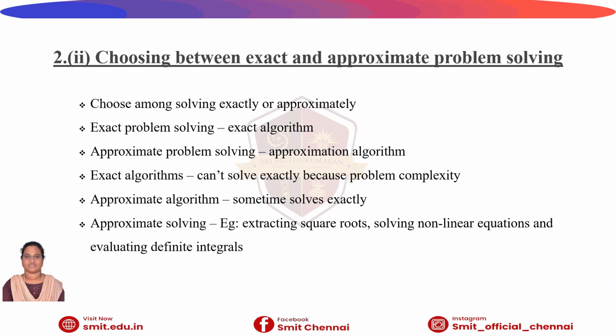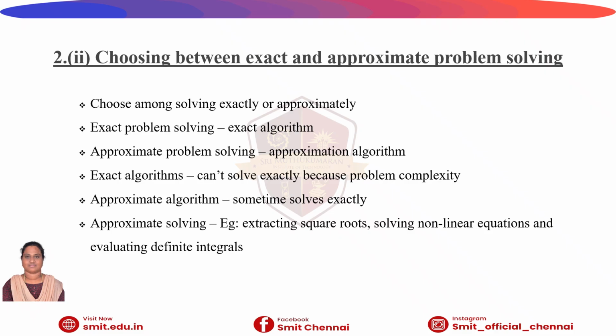So the next one is choosing between exact and approximate problem solving. The next principal decision is to choose between solving the problem exactly or solving it approximately. An algorithm used to solve a problem exactly and produce correct results is called an exact algorithm.